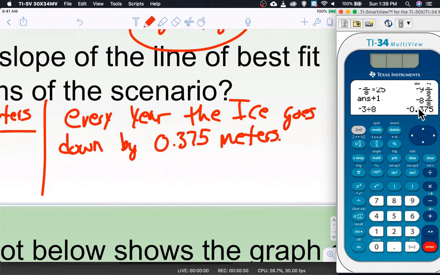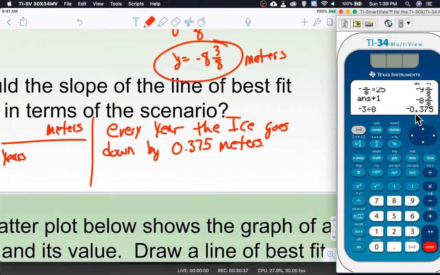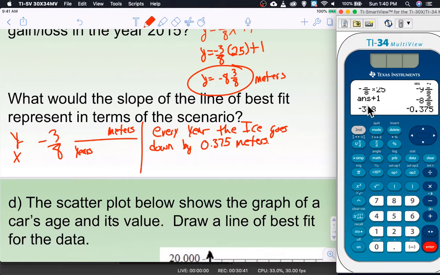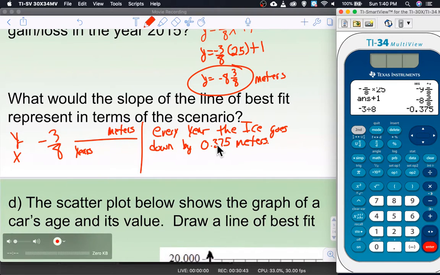Because this slope, the rate here, is how fast it's going down. Well, yes, it goes down 3 meters in 8 years, but if you divide that, it'll tell you how much it goes down in 1 year. In 1 year, it goes down by 0.375 meters.